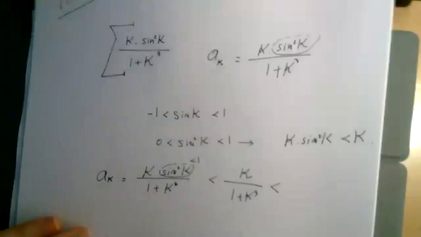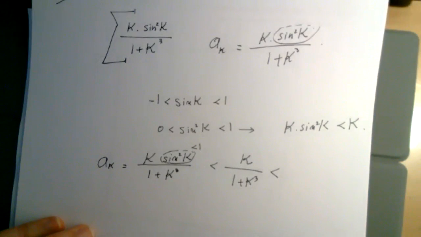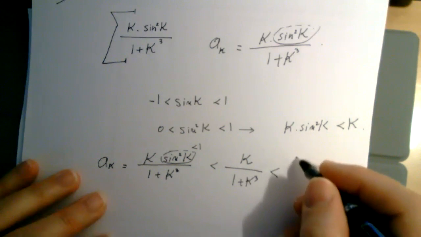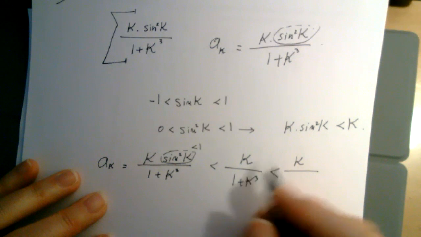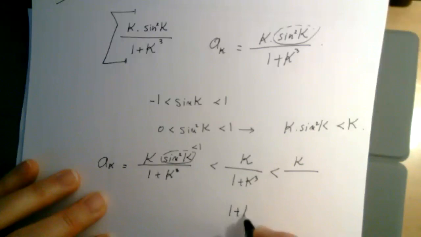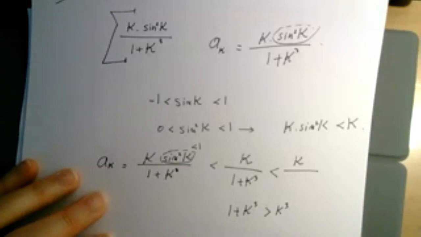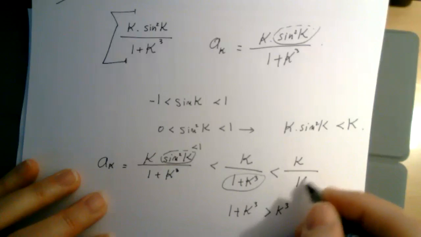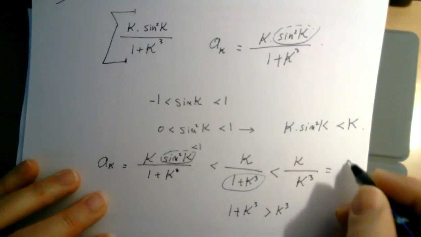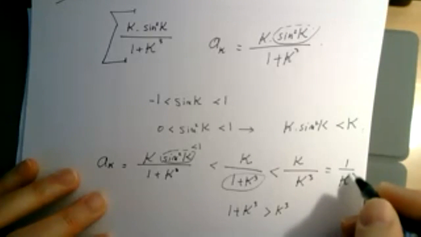Can I push a little bit more? 1 over k squared, because 1 plus k cubed is definitely larger than k to the power 3. So since the denominator is larger, this is going to be less than that, which is 1 over k squared.